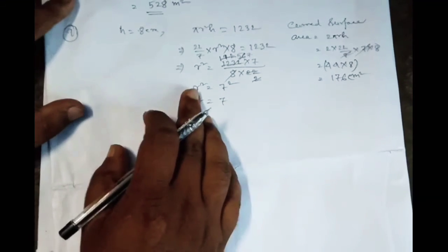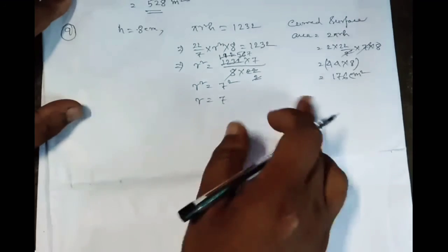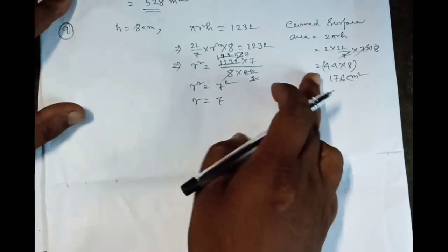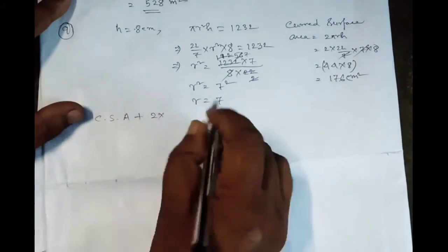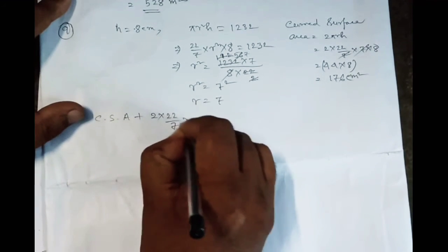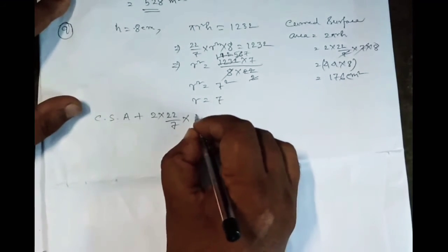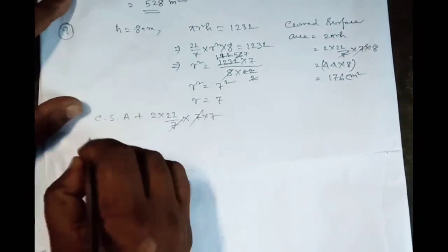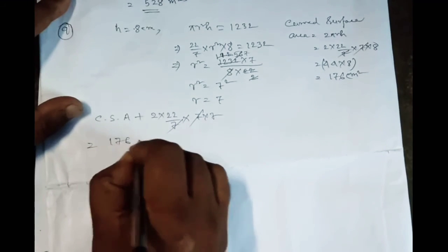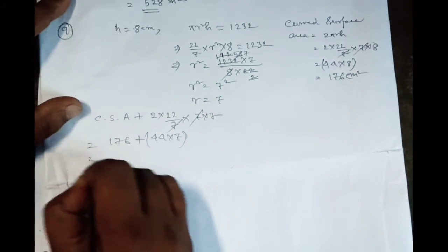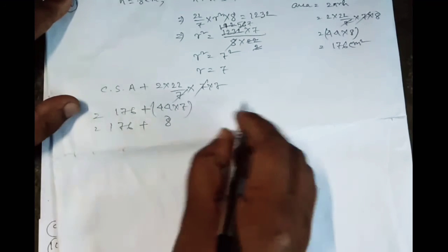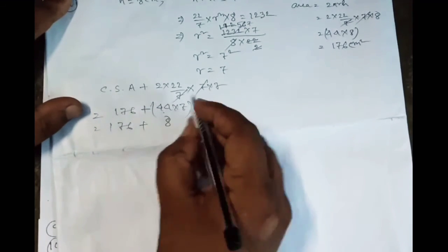and the total surface area is equal to curved surface area plus 2 into 2 pi r square, 2 into 22 by 7 into r square. R square means 7 into 7, so that means 176 plus 44 into 7, or 176 plus this.